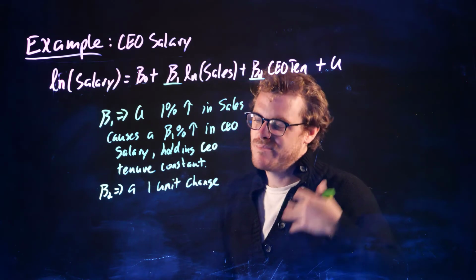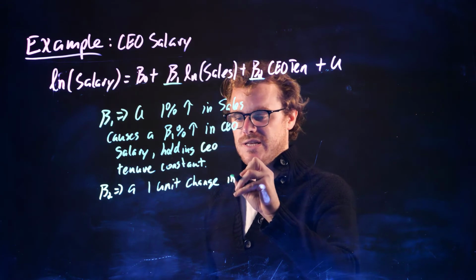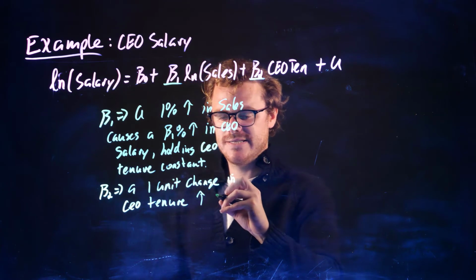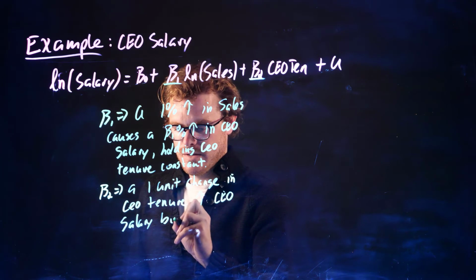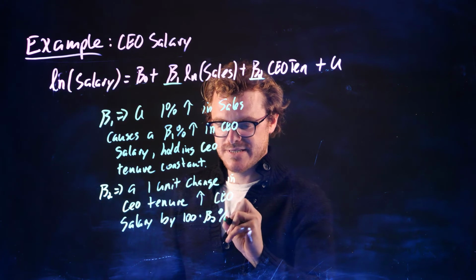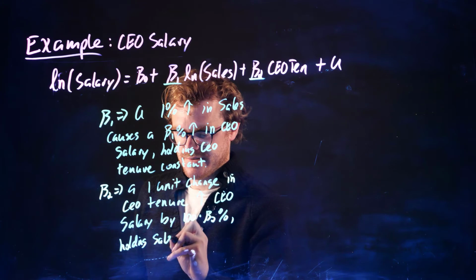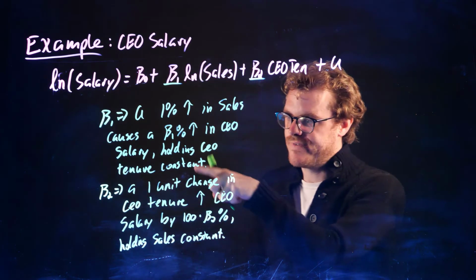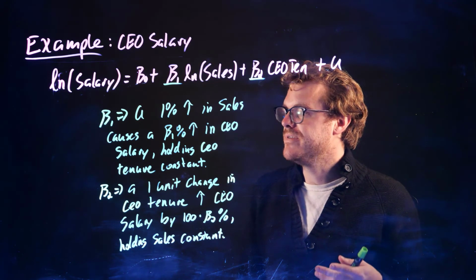If we were given that information, we should probably use those units. A 1 unit change in CEO tenure increases CEO salary by 100 times beta 2 percent, holding sales constant. And again, we're going to see why we hold the other variable constant in a couple minutes or in the next video.